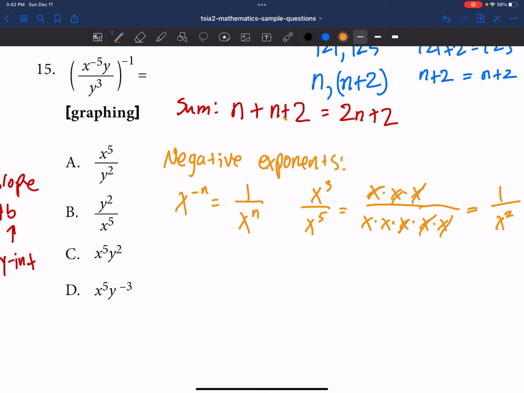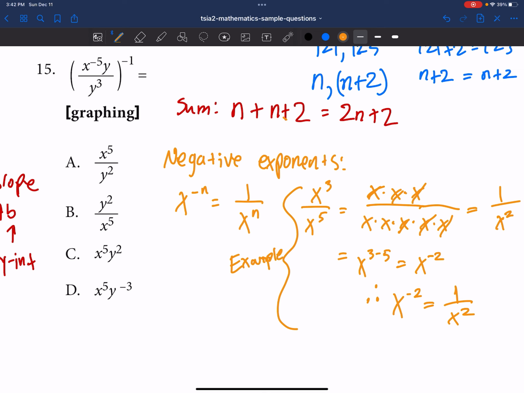And if I was doing subtraction of exponents, x cubed minus power 5 is x to the negative 2. So therefore, x to the negative 2 equals 1 over x squared. So all of this is example.